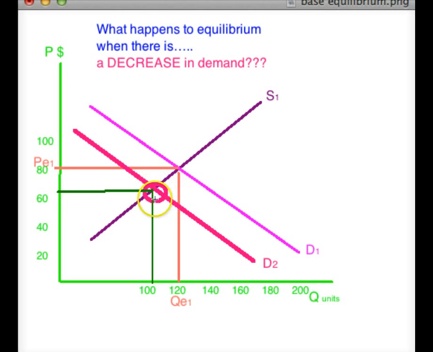So the new equilibrium is now sitting here. So quantity has now moved, the equilibrium has now moved, with the quantity contracting to 100 and the new price equilibrium of, say, $60.